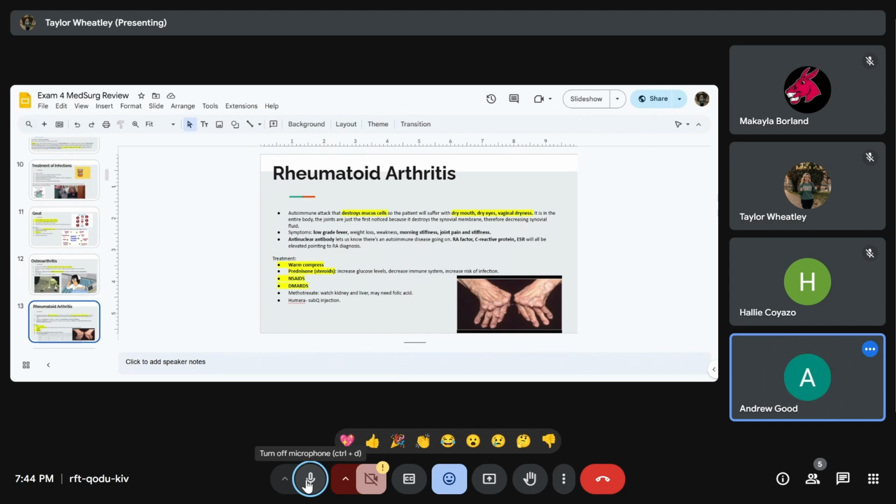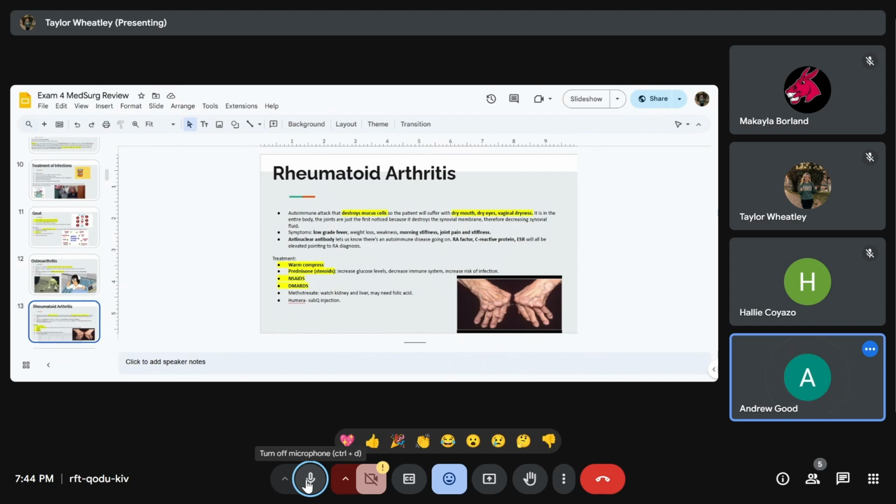So along with all the joint problems, it'll cause the dry mouth, the dry eyes, and the vaginal dryness. Because it attacks the joints, the patho behind that is it destroys the synovial membrane, the synovial mucous membranes, therefore destroying the synovial fluid, causing what you see there.